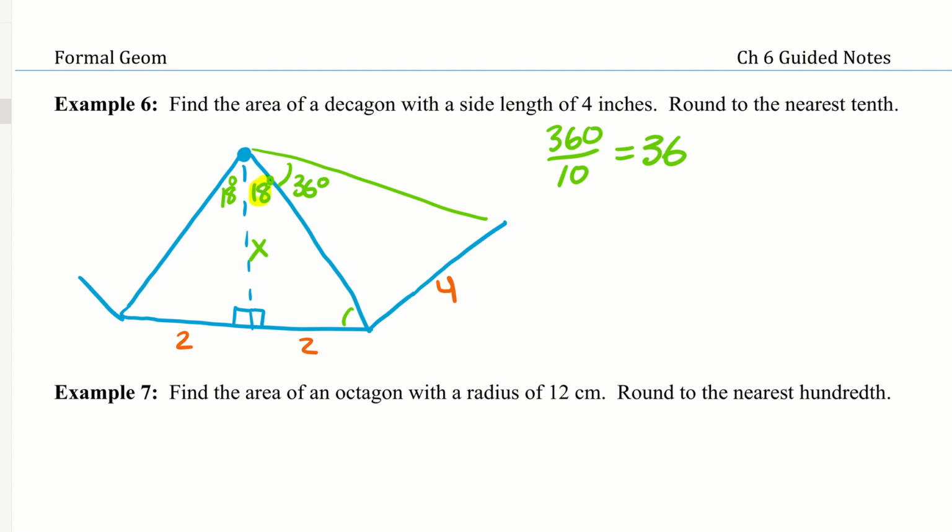If I start at 18, then I can see that 2 is opposite 18 and x is adjacent to 18. This tells me I'm going to use a tangent function. So the tangent of my angle, which is 18, is equal to opposite over adjacent, so 2 over x. And then solving for x, x is equal to 2 divided by the tangent of 18.